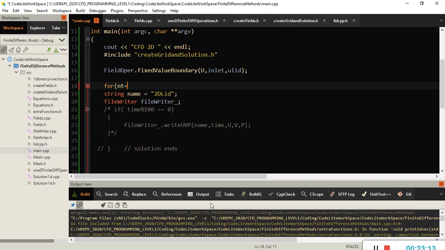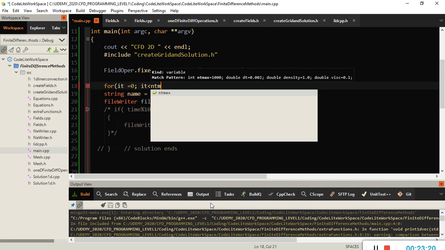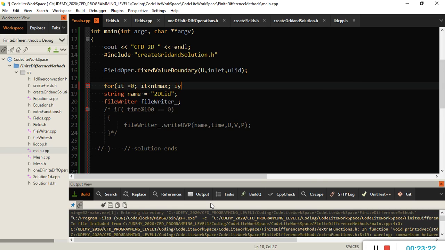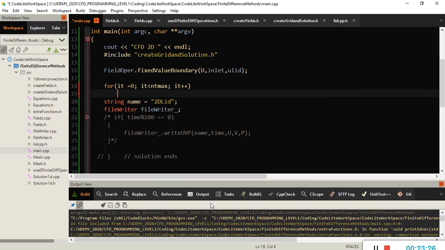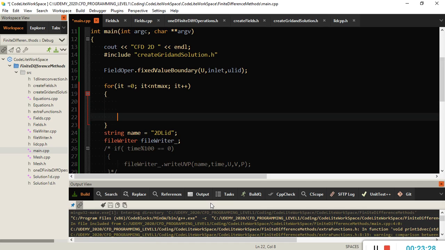So let's say for iterations is equal to 0, iterations is less than nt max, then iterations plus plus. So iterate, and this will be our main time loop. Main time loop ends here.